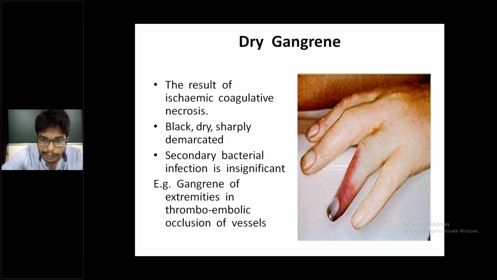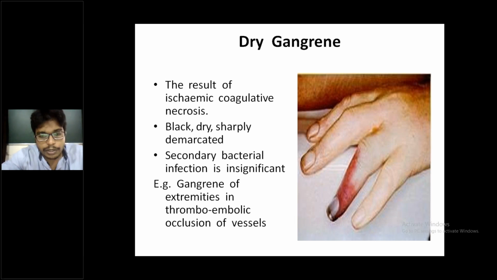See this red finger, which differs from the others because of decreased blood supply. There is wasting of the muscle in the finger, with redness and blackish discoloration. It is the result of ischemic coagulative necrosis.